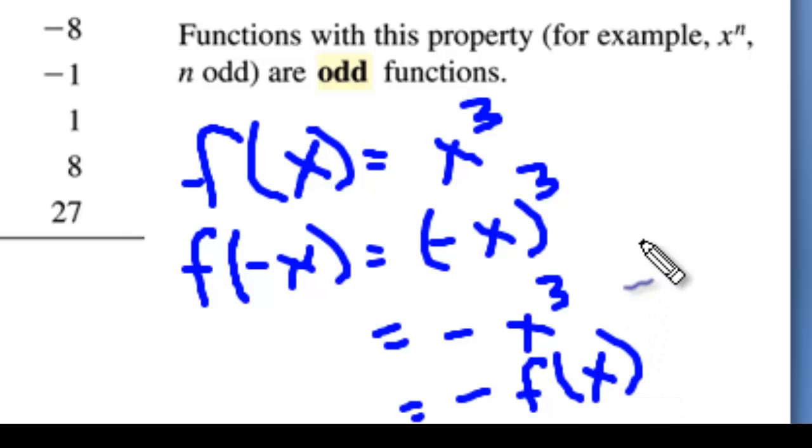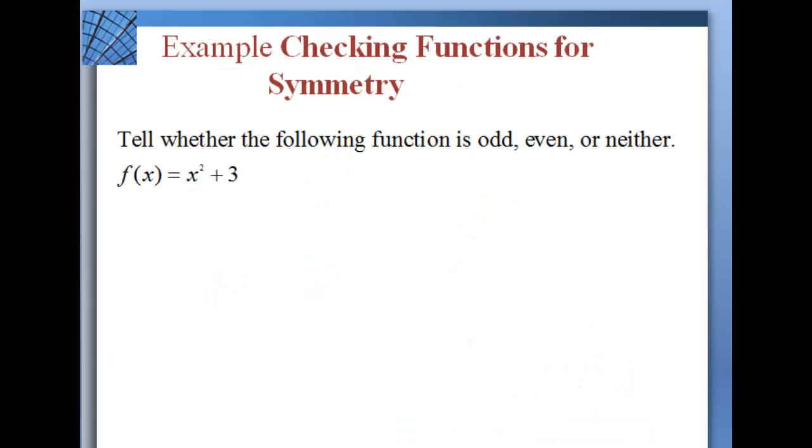And this is an odd function. Try this one. Tell whether the following function is odd, even, or neither. Graph it on your calculator and try finding f of negative x.